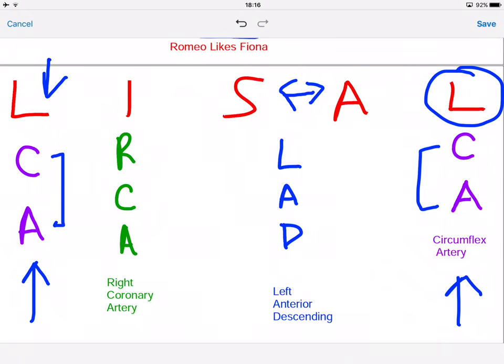Now onto our inferior, which is our shoe-shaped section, our leads 2, 3 and AVF. Any abnormality in that would represent a blockage or some sort of pathology in the right coronary artery. So that's our RCA.